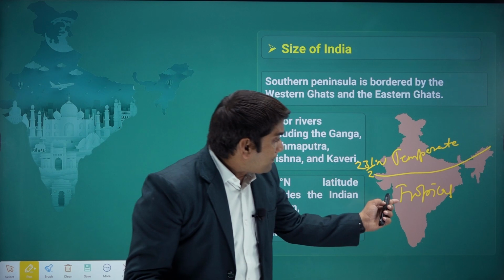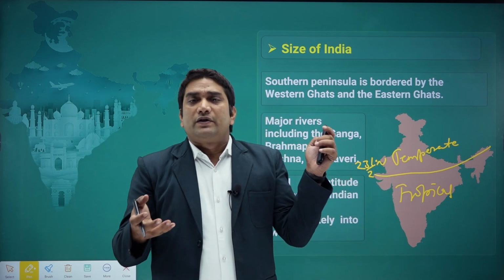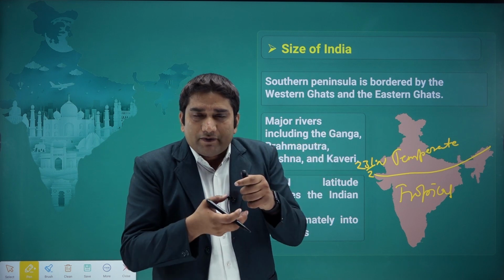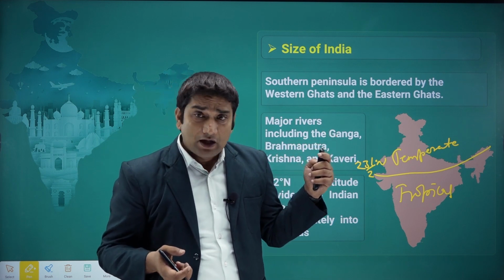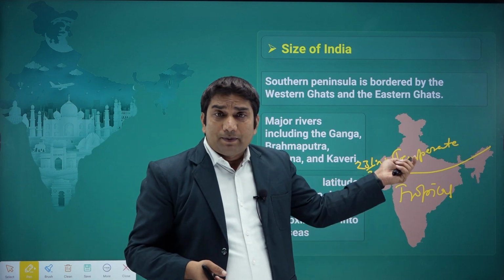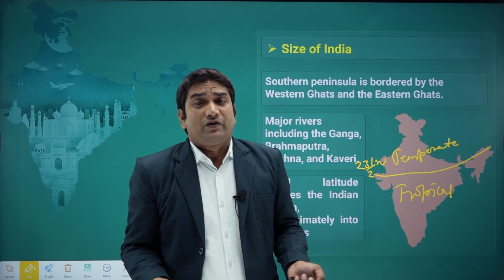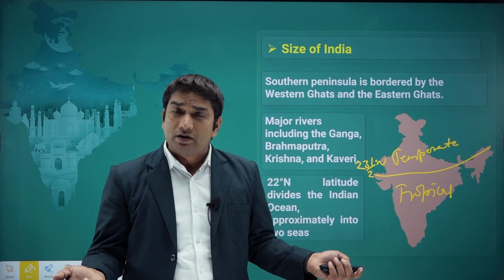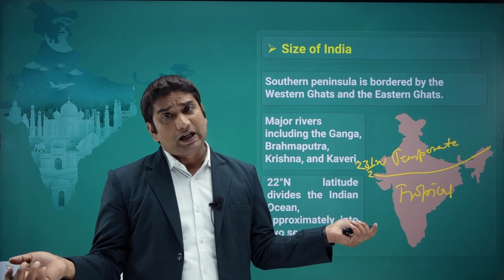Now see, tropical and temperate both have different features and different importance or significance. In temperate India we face all kinds of seasons, but in tropical India we face moderate climatic conditions. Means throughout the year we find the same, moderate climatic conditions.